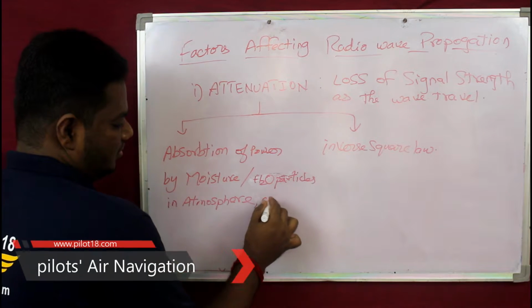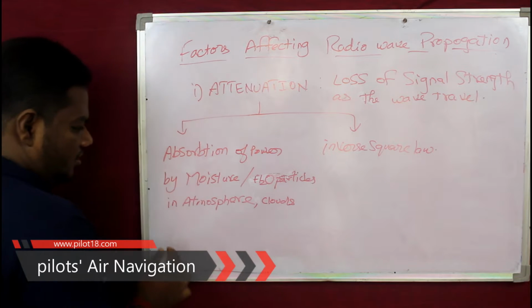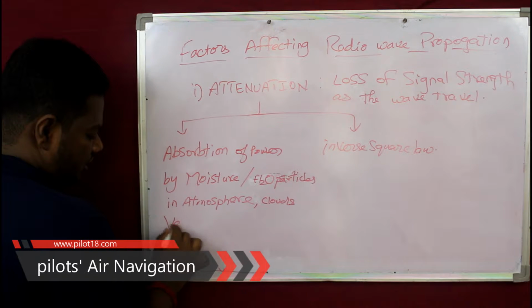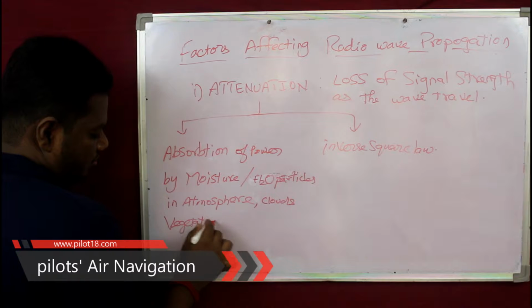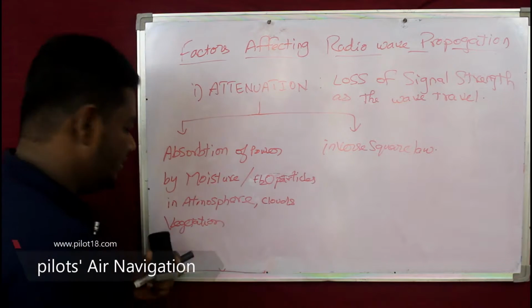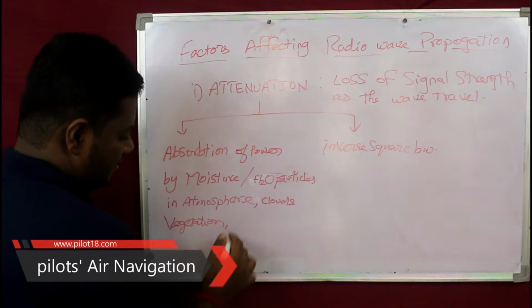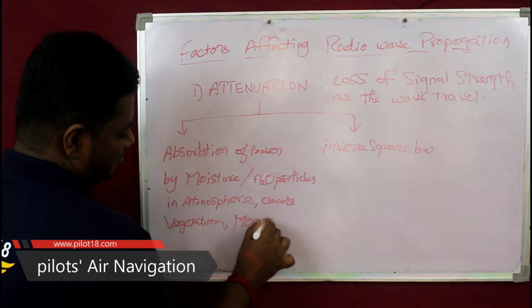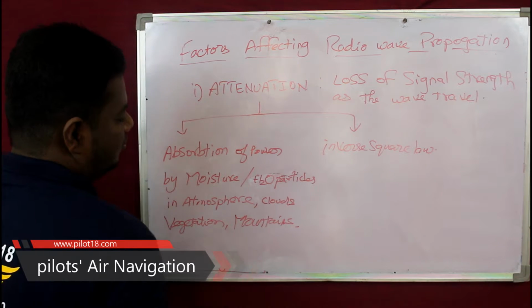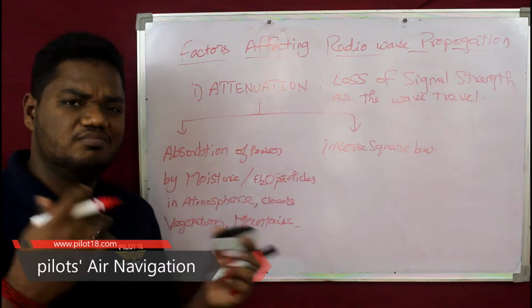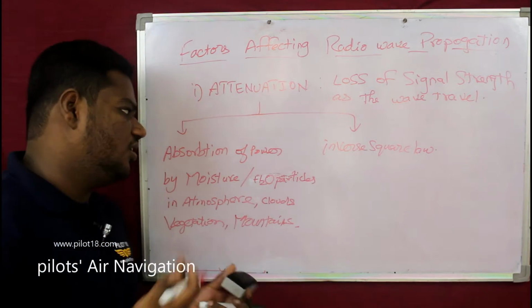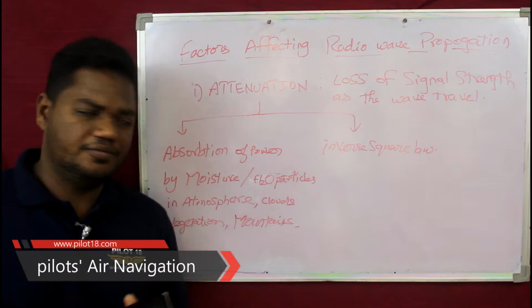Moisture, clouds and vegetation, which is plants, trees and all things, and mountains, all these things. Anything which blocks the path of the radio wave, right?